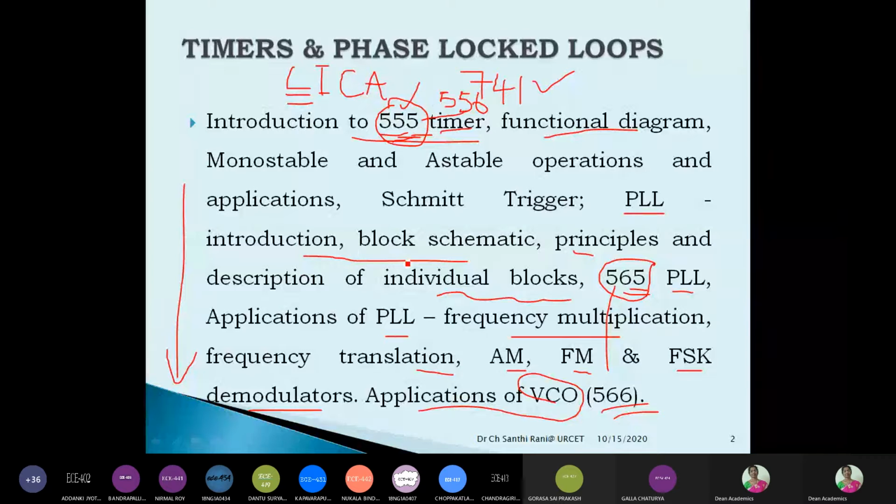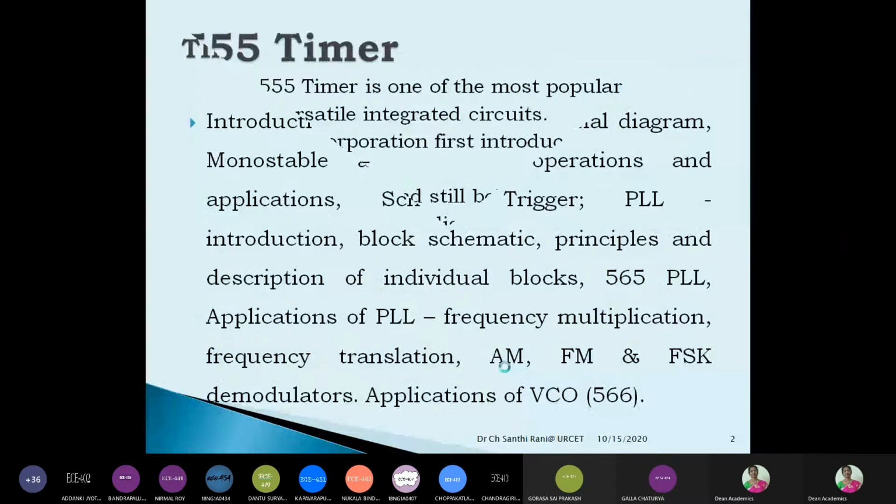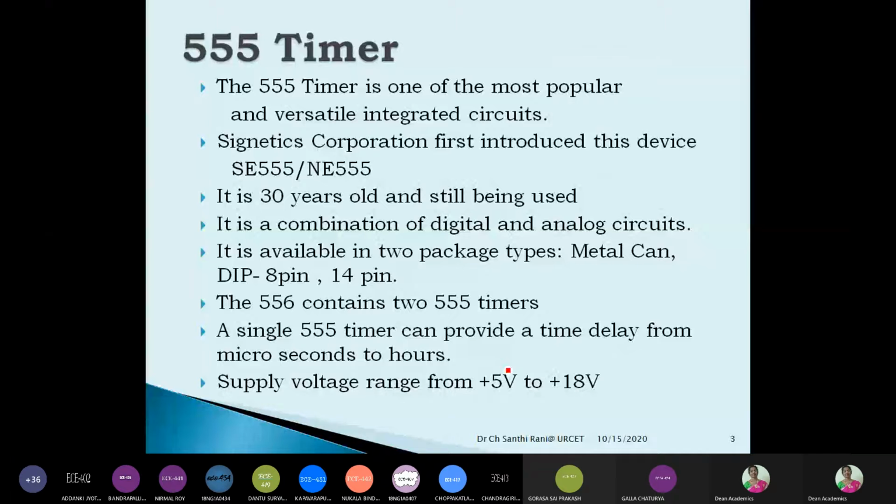It is two such 555 timers cascaded. And with the modification we can say 565 is PLL and 566 is another IC. Otherwise we say we are going to study 4 different analog ICs in this unit 5. Now let us see what a 555 timer is.